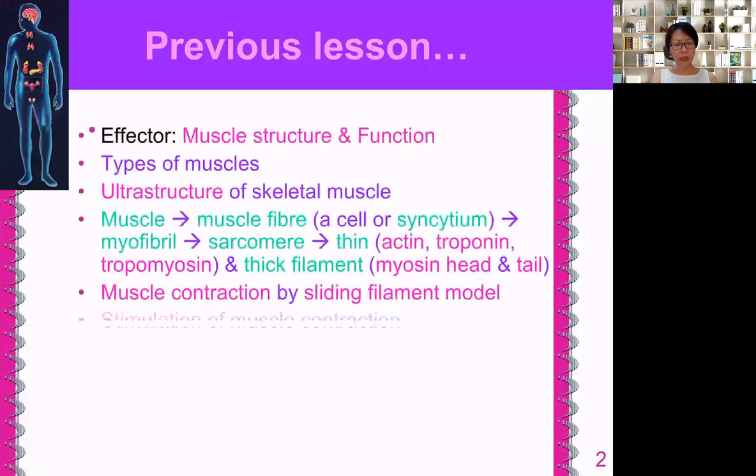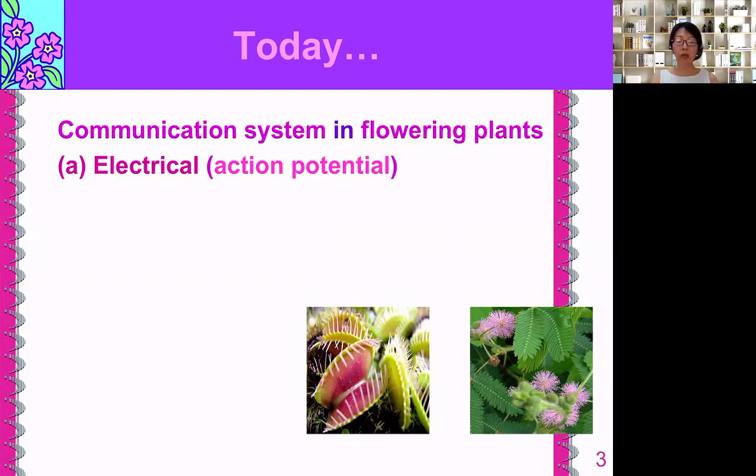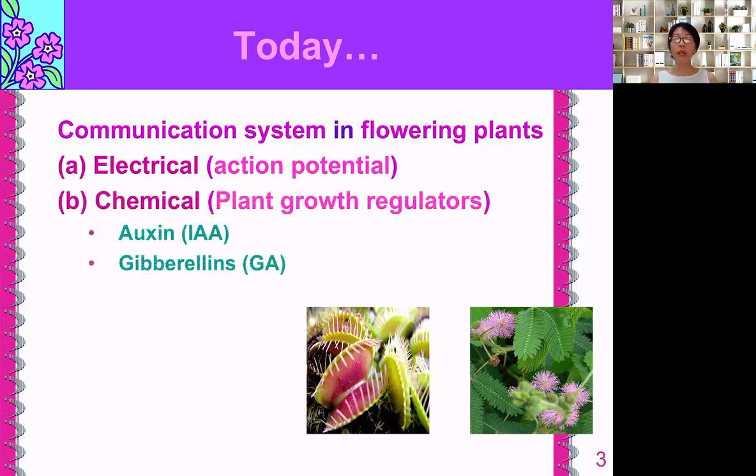Today we're going to look at communication systems in flowering plants. Communication in flowering plants is very similar to that in mammals. We can use electrical communication, the transmission of action potential along the membrane of the plant cell, just like along the neuron of mammals. And secondly, using chemicals.